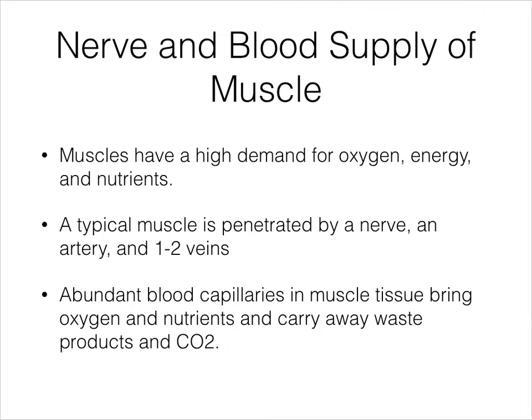A typical muscle, like a muscle that would be surrounded by an epimysium and would contain a whole bunch of fascicles, is penetrated by a nerve, an artery, and 1 to 2 veins. Once inside the muscle, those usually branch off. So your nerve, once it enters the muscle, may branch into a whole bunch of little smaller nerves, nervules.